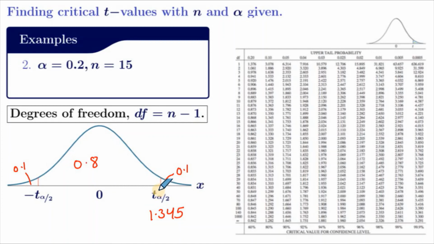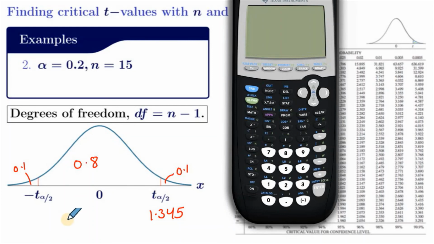Next, I will show you how to get this critical value using TI calculator. Let me pull up my calculator on the screen. Now, go to second distribution, then go to number 4, inverse T. That is what we will be using.